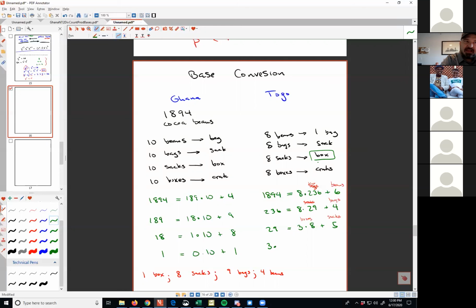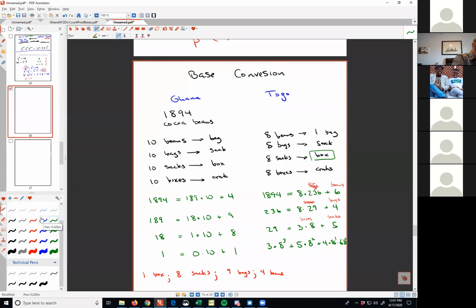One sack has 8 squared beans. One box has 8 times that, 8 cubed beans. So in total, what we have are 3 boxes, which have 8 cubed beans. Then we have 5 sacks, which have 8 squared beans. We have 4 bags, which have 8 to the first beans. And then we have 6 leftover beans.